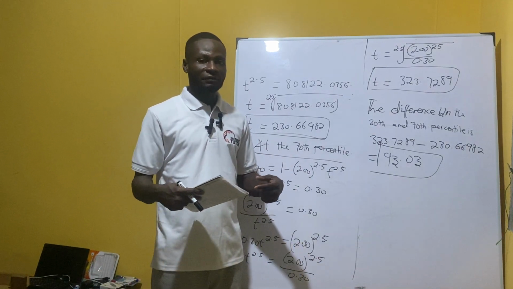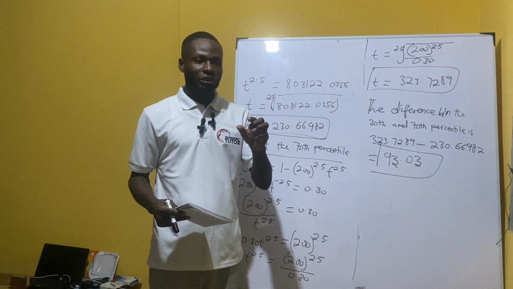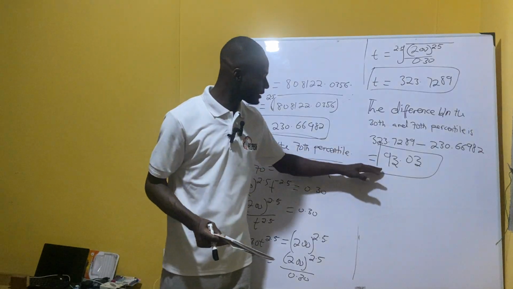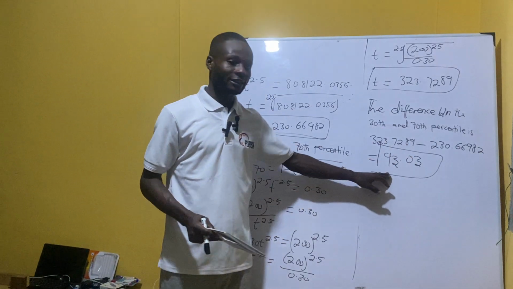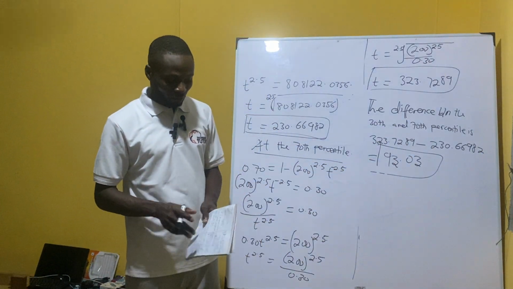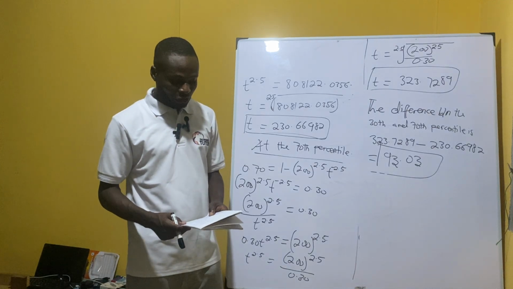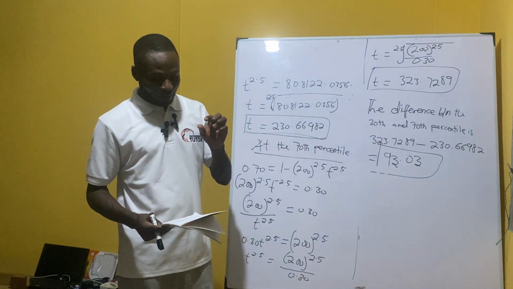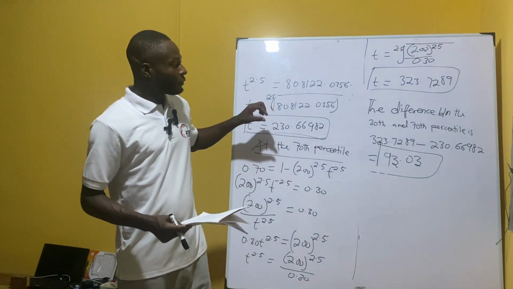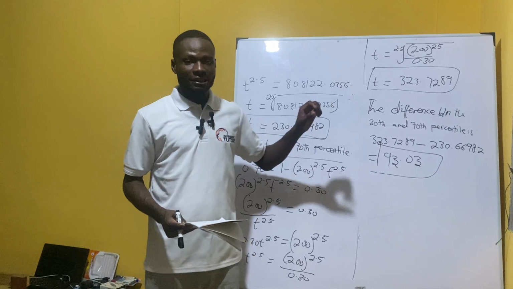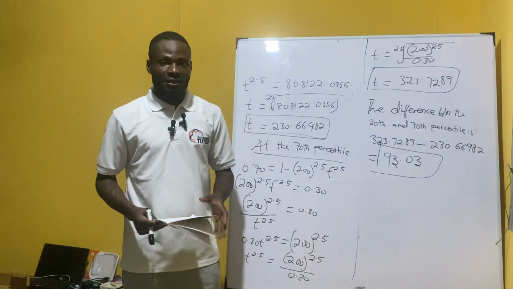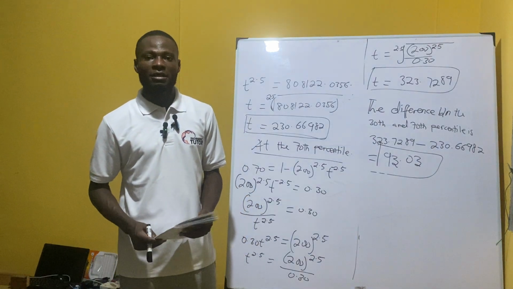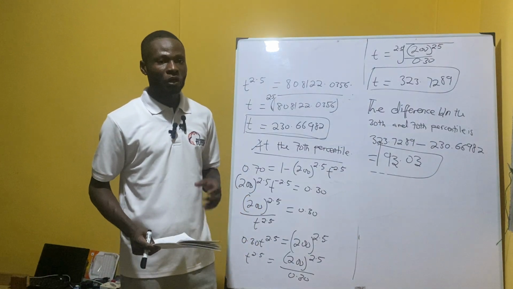After that, you find the difference. Make sure the difference remains positive. So in this case, the difference is 93.03. It means that for the insurer's annual weather-related loss, a random variable with this density function, the difference between the 30th and the 70th percentile is 93.03 respectively.